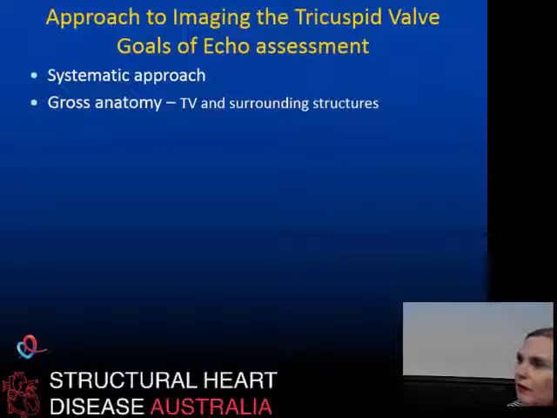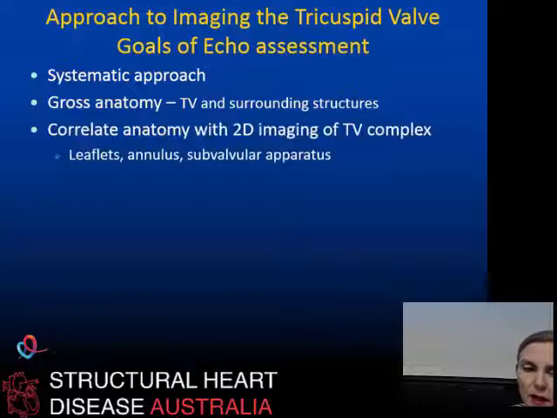Before we can analyse any echocardiographic data, it's important to really understand the gross anatomy of the tricuspid valve and importantly the surrounding structures. It's only then that we can correlate the gross anatomy with pictures that we're seeing on two-dimensional, transthoracic and transesophageal and three-dimensional imaging.